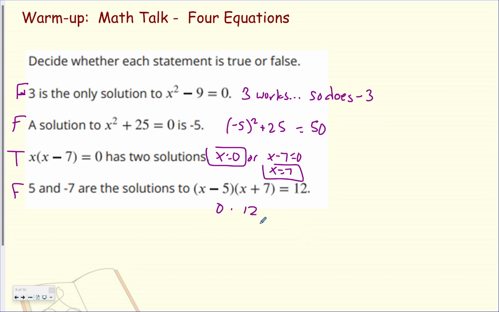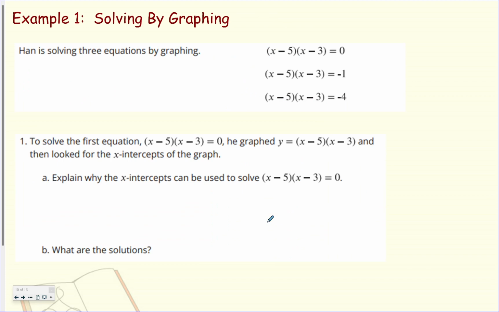It's 0. So, not good. Same thing is going to happen if you did the negative 7. If you plug negative 7 in for both of them, you would get negative 12 times 0, which is also 0. So, nope. False, false, true, false. Okay.